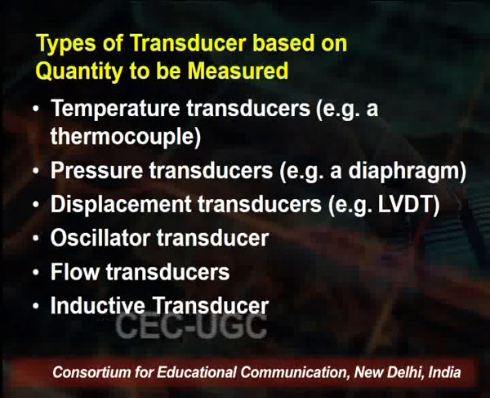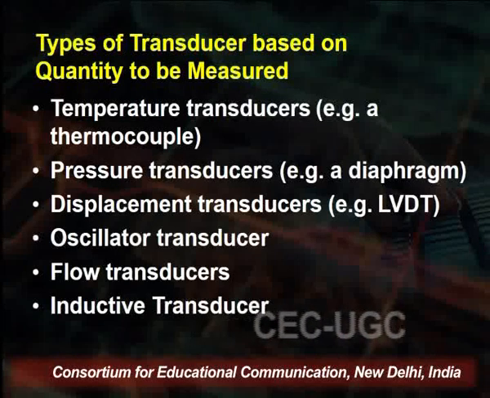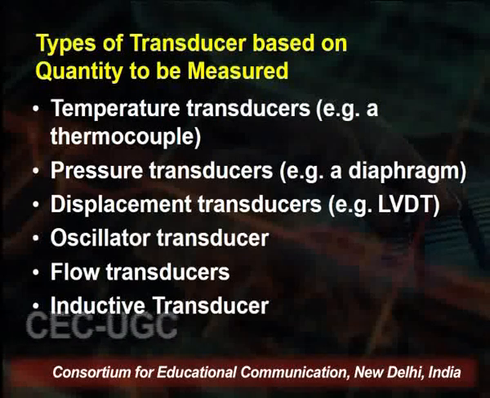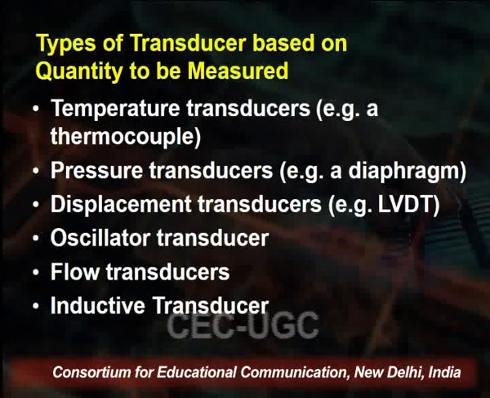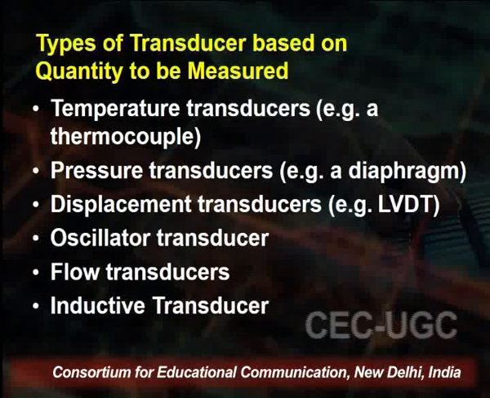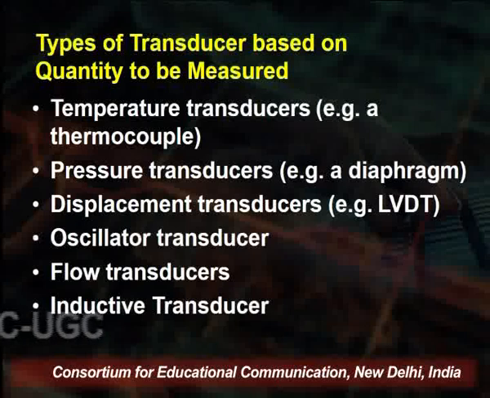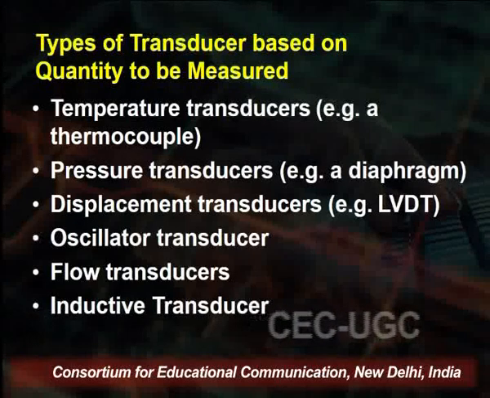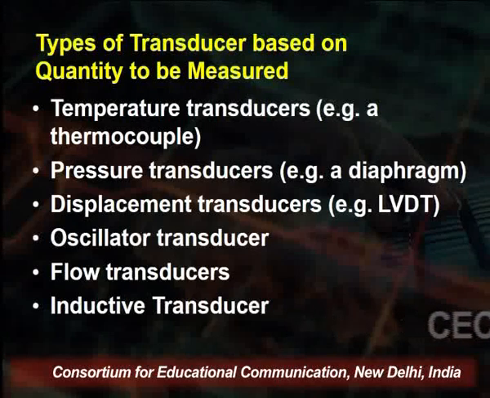Like here we are converting the temperature into the electrical signal. So we use temperature transducers, and an example is the thermocouple. Then the pressure transducer, that is the diaphragm, displacement transducer, that is LVDT, oscillator transducers, flow transducer, inductive transducers.